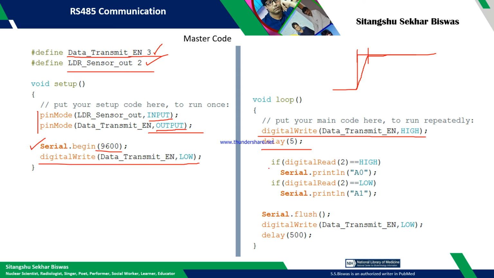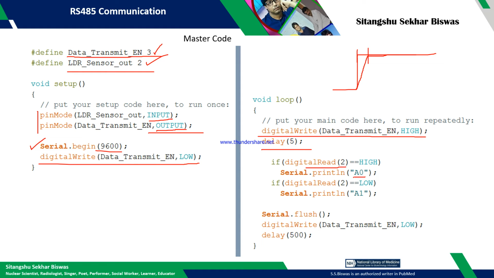So the sensor is connected to pin number 2. If the pin number 2 is high, then I am sending one string, A0.